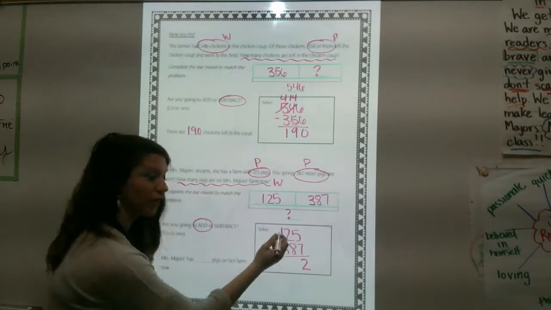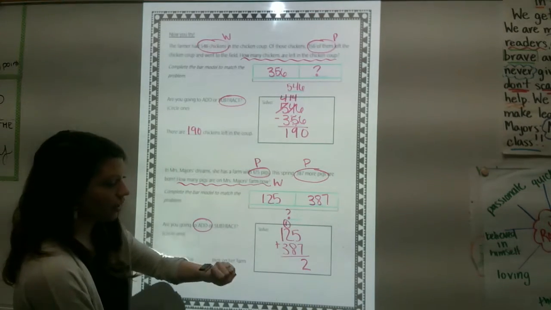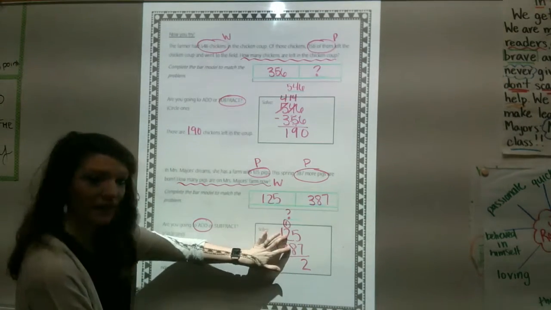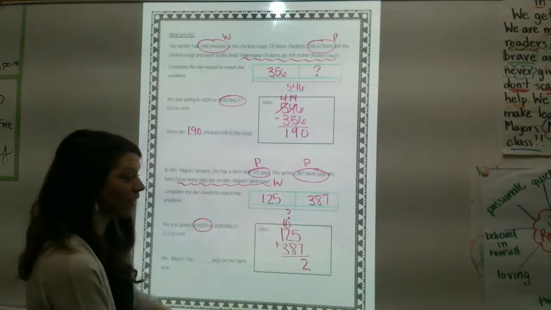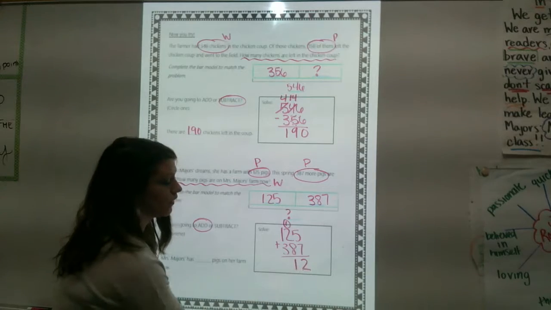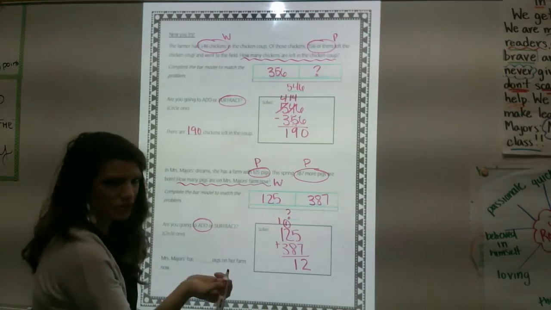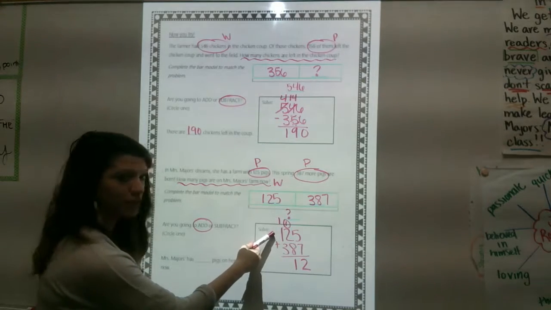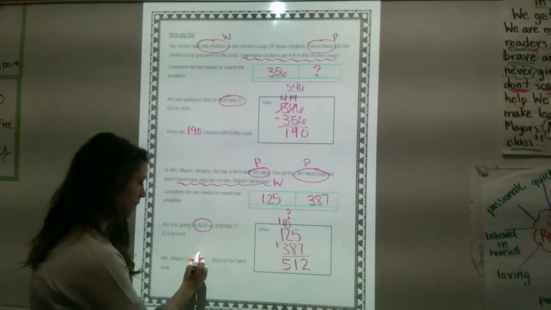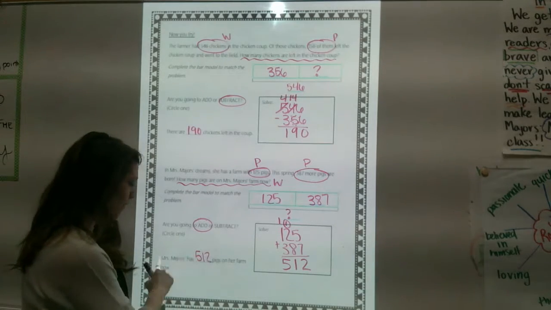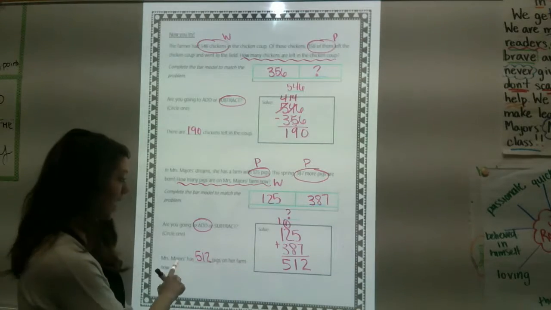I'm going to put my 2 in the ones place, and I'm going to regroup my 1. I see here, I'm going to add these two first because I see that those make a 10. 8 and 2 make 10, and 1 more is 11. So I'm going to put my 1 in the tens place and regroup a 1 to the hundreds place. And this one I'm just going to add down. 1 plus 1 is 2, plus 3 is 5. So let's fill that in. Miss Major has 512 pigs on her farm now.